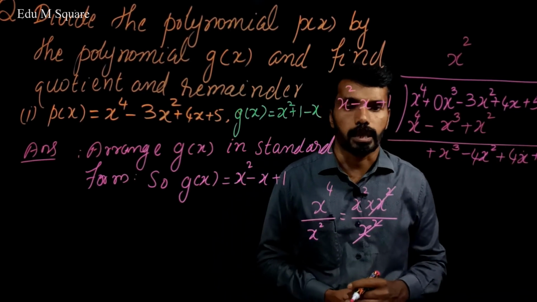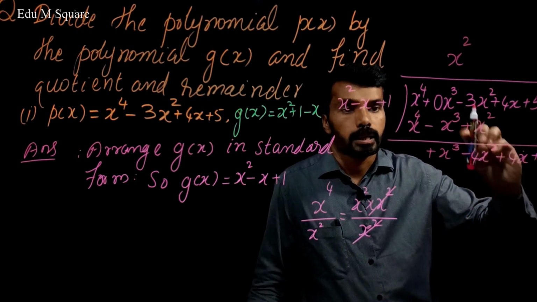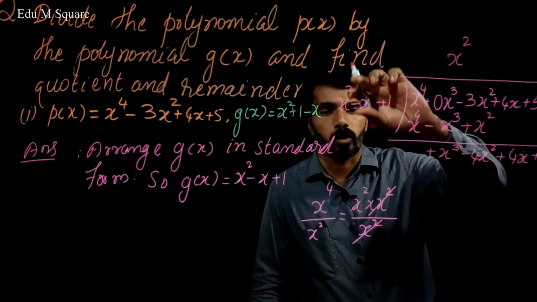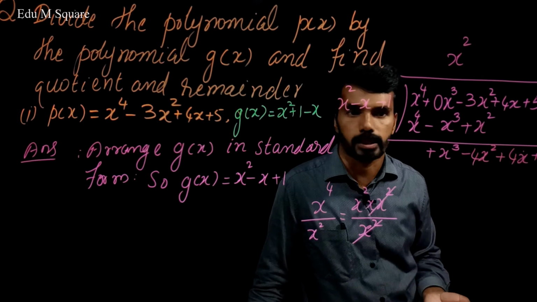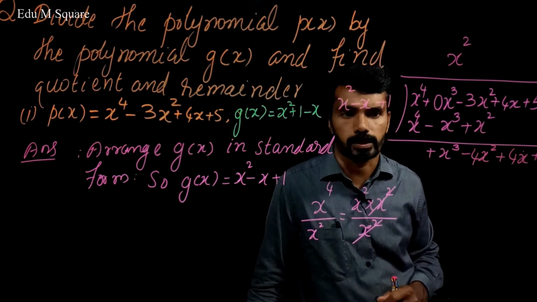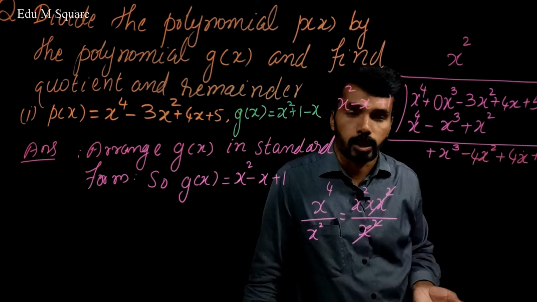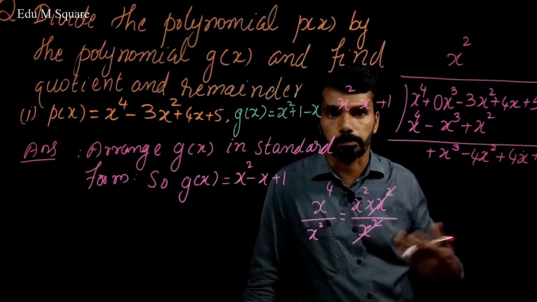Right? Then next we check the degree of the remainder and the degree of the divisor. Is it less than the degree of the divisor? No, it is greater than the degree of the divisor. So we take this remainder as the new dividend. Again we continue the same steps.